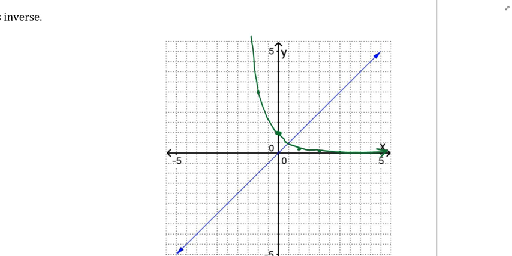Okay, and then the inverse is something that looks very different from the last pair of functions. So 0, 1 becomes 1, 0. That one's still fine. And then this is -1, 3, which becomes 3, -1.